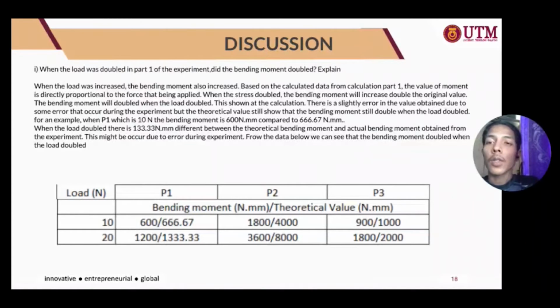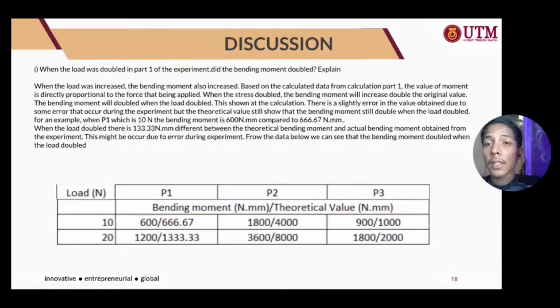Based on the calculation data from part 1 that Haikal just presented, the value of moment is directly proportional to the force being applied. When the load doubles, the bending moment will double the original value. This is shown in the calculation.